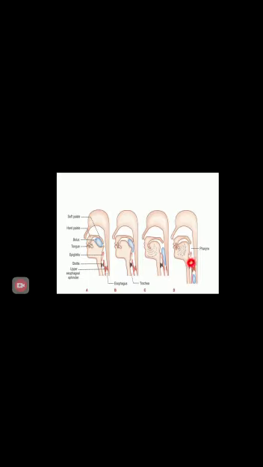Okay, and also the food bolus is propelled from the pharynx, this is my marker, into the esophagus down there. That's down there, blue here.